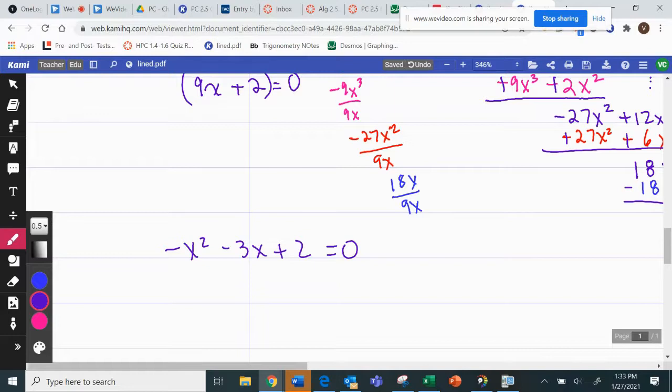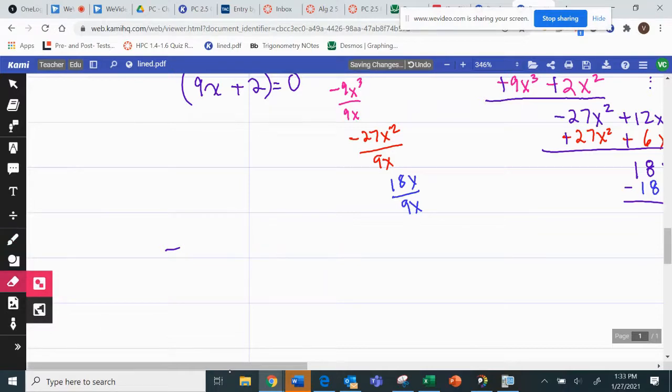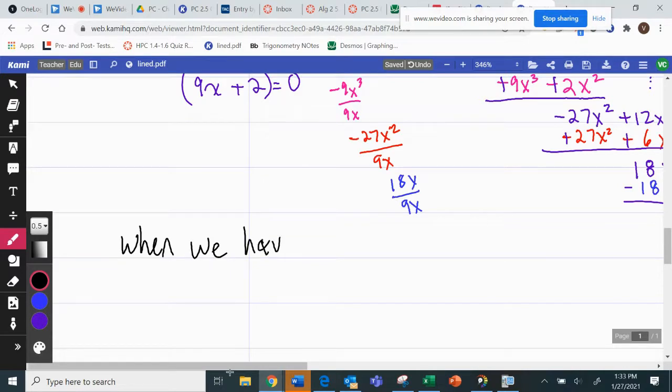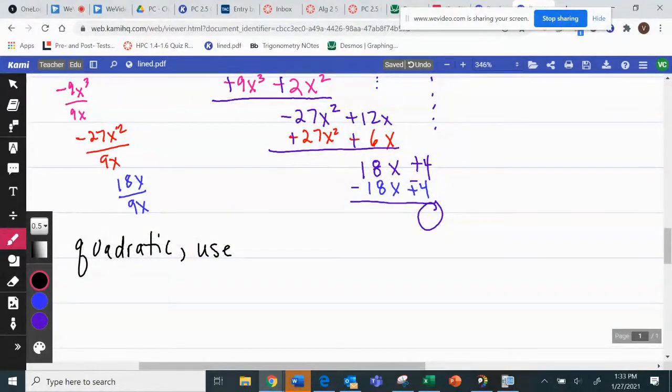We're still solving. We're down to quadratic. So when you get to a quadratic, maybe I should actually write this part first. Hold on. I'm writing out all the directions because I want to make sure everybody is ready. So when we have a quadratic, what are options to solve? Factoring, my favorite.